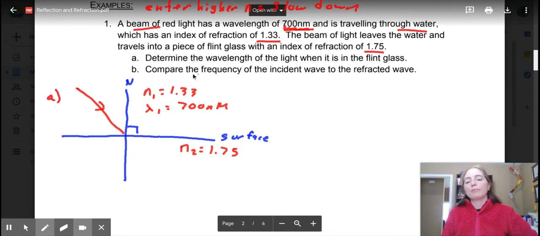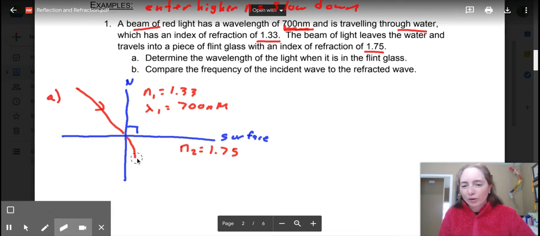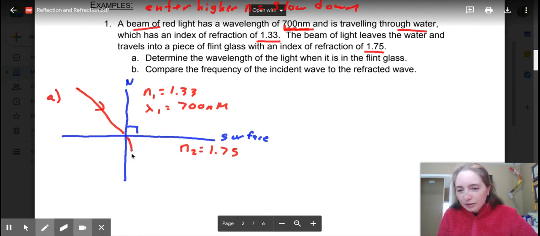It's going from a less difficult material to move through to something that's more difficult to move through. So when it slows down, it's going to bend. It's really hard to draw this stuff so you guys can see what's happening. It's going to bend towards the normal here. Okay, it's slowing down. It's going to bend towards that normal.